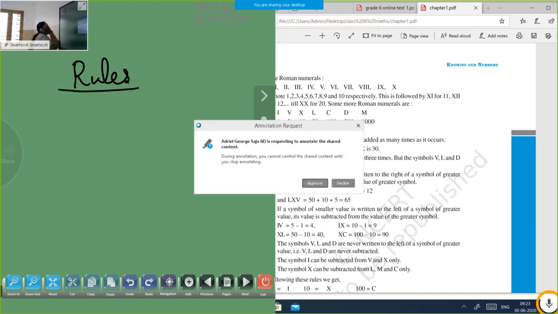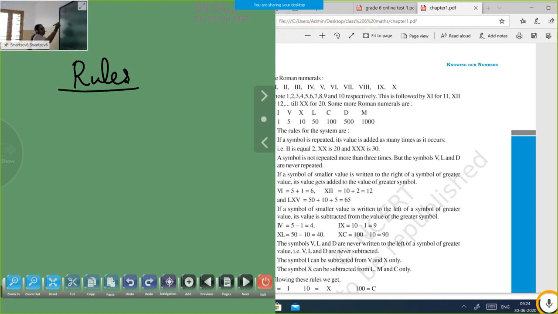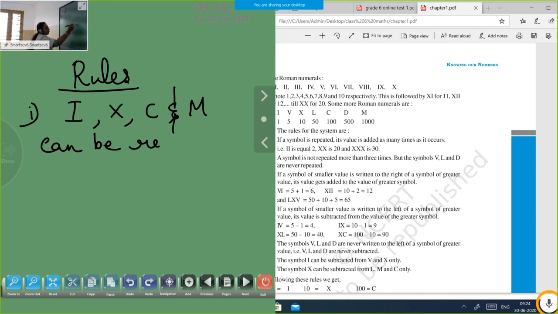Some rules are there children. So write rules. I, X, C, M. Okay, I, X, C and M. These 4 Roman numerals can be repeated three times, okay?